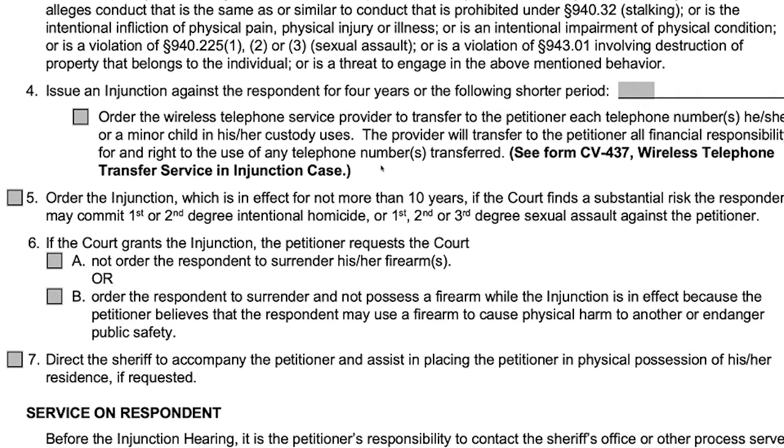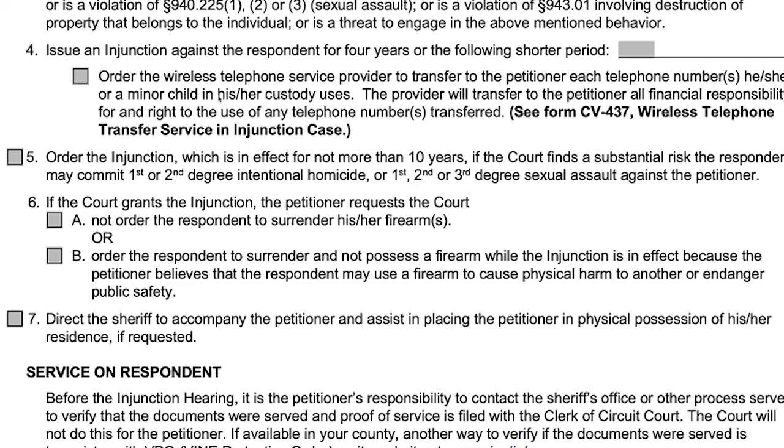It's kind of an odd but specific requirement. So if you have an ex and they are refusing to give you the privacy of your own cell phone number and you don't want to change your number, this would be how to get them to do it.